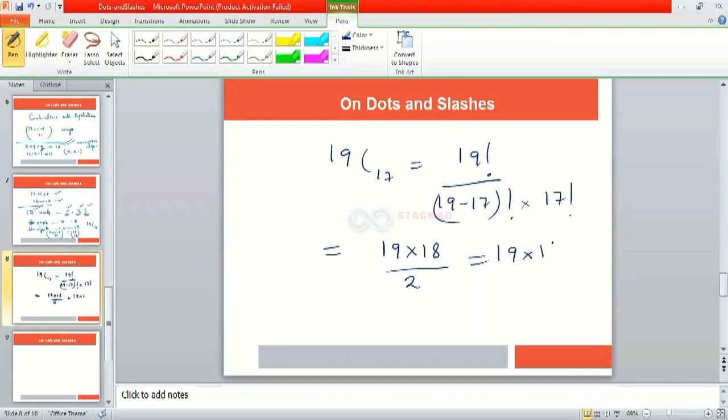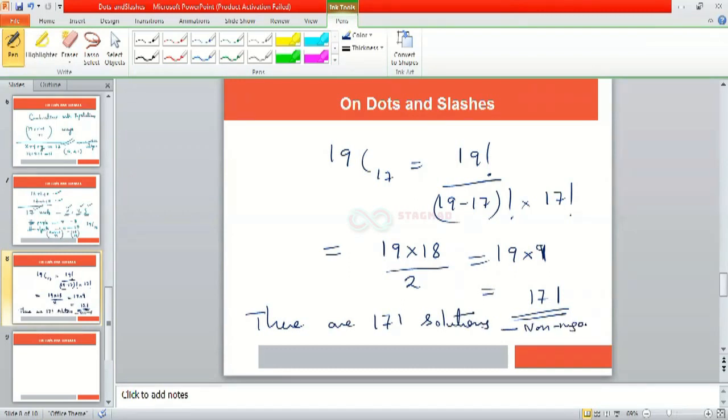So it is 19 times 9, which is precisely 171. So there are 171 solutions to the Diophantine problem in, mind you, non-negative integers.